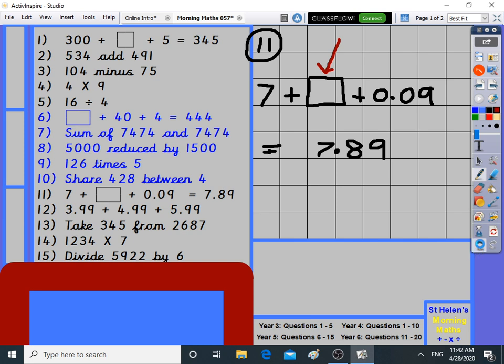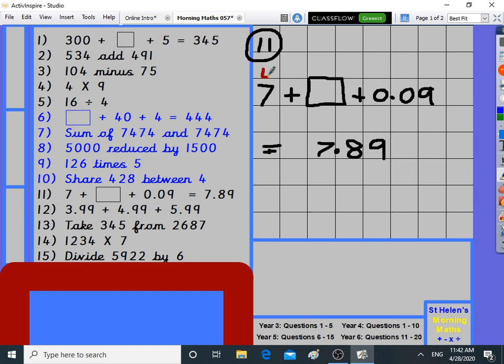So if I look at the answer, 7, that is just normal 7 units. Let's put my hats on here. Units comes before the decimal point. These are, if I could squeeze it in, tenths and hundredths. So the units is taken care of there, isn't it? And there.